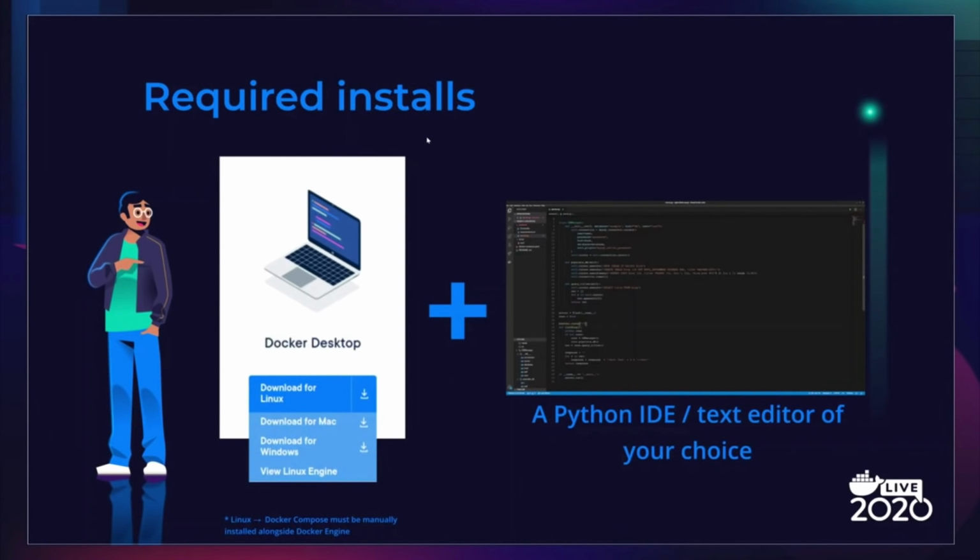Docker Desktop will come packaged with Docker Compose, so there is no need to handle anything else separately. And of course, we also need to have an IDE with Python support. On Linux, we need to install the Docker Engine and Docker Compose tool according to the distro used. So with these requirements covered, let's start with the project.